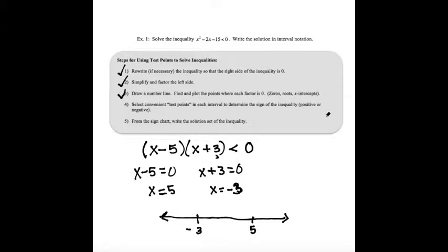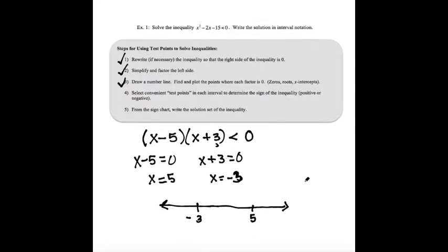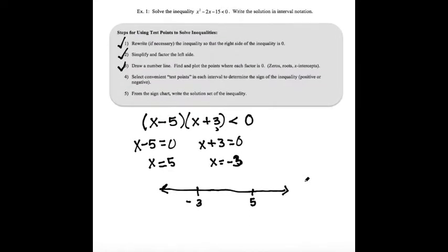Step 4 says to select convenient test points in each interval to determine the sign of the inequality. Okay, what I'm going to do is box my two roots, my negative 3 and my positive 5, just so that they stand out. Now, I have taken this number line and broken it into 3 sections. So I need to pick a test point in each section.